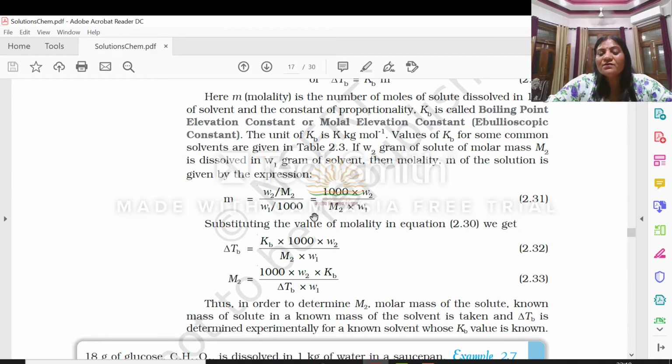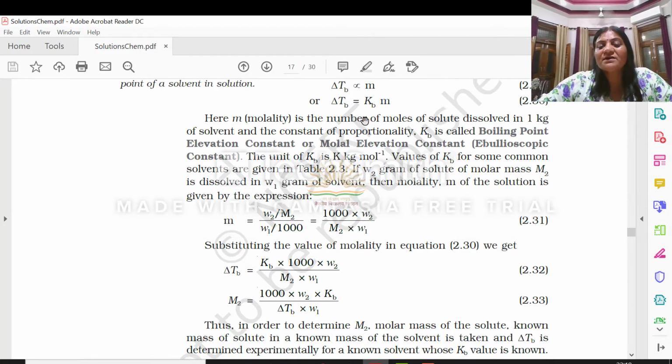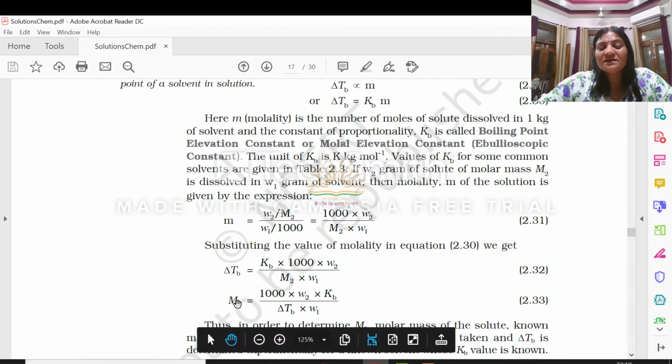Then this value will come as 1000 into W2, the weight of the non-volatile solute, divided by the weight of solvent W1, and M2 is the molar mass of the non-volatile solute. When we put this value in the above equation, delta Tb is equal to Kb into m, then we get this equation.